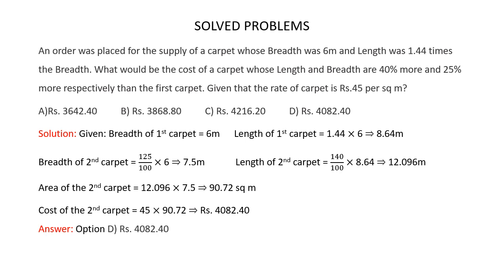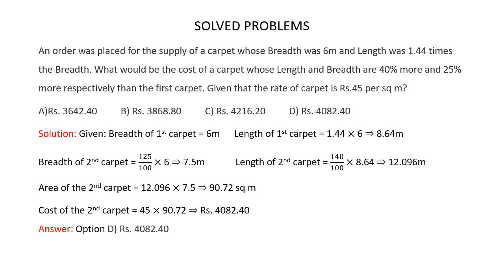Now it's given that the breadth of the second carpet is 25% more than the first carpet, which means breadth of the second carpet is equal to 125 by 100 multiplied by breadth of the first carpet, which is 6. So breadth of the second carpet is equal to 125 divided by 100 multiplied by 6, which is 7.5 meters. It's given that the length of the second carpet is 45% more than the first carpet.